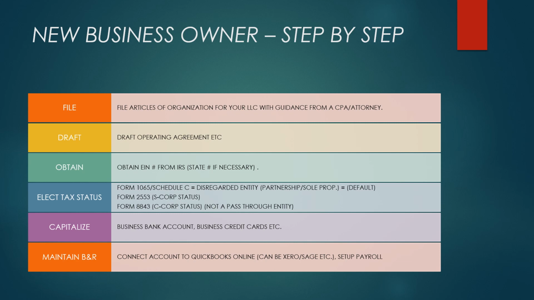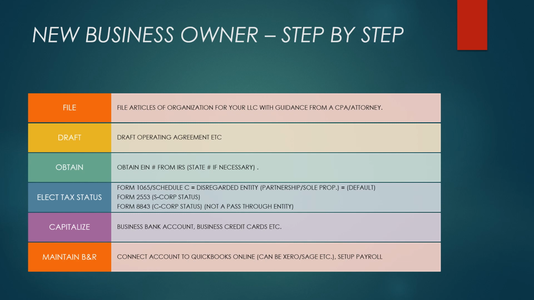But really a simple framework for starting any entity is to file articles of organization for an LLC. You may want some guidance from a CPA on what state you're forming the entity in, as that can have implications, but generally it's really whatever state your business is going to be operating in.